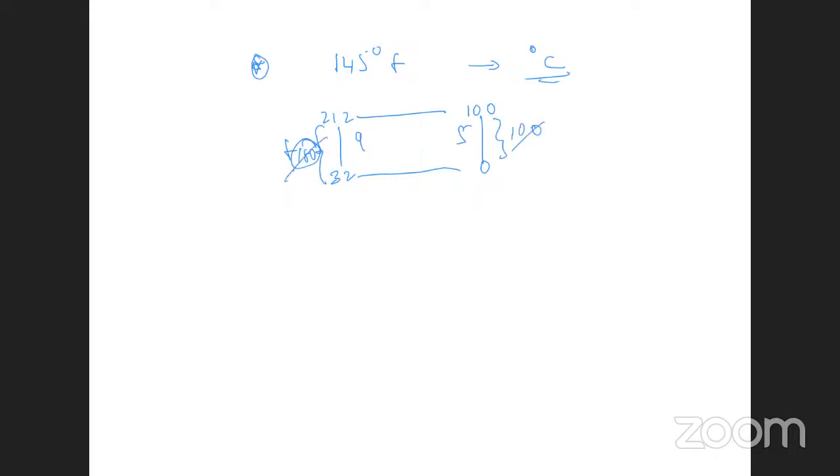9 to 5. So the conversion equation is always F = 9 divided by 5 C plus 32, when you're converting Fahrenheit to centigrade. Now, if you want the centigrade, it will be Fahrenheit minus 32.